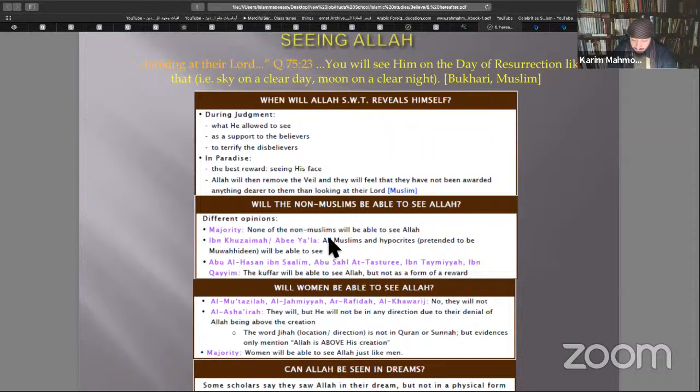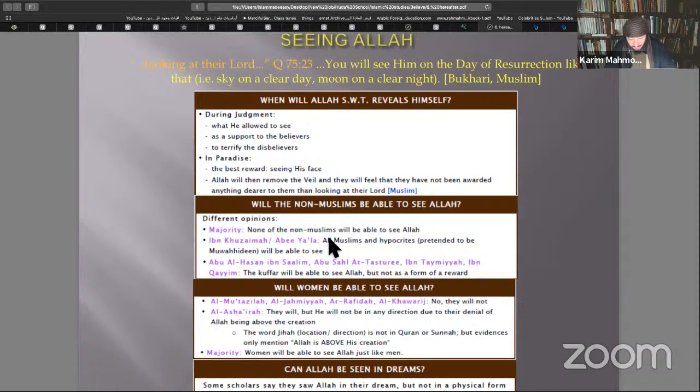It will vary based on their deeds or the level. Some people will get to see Allah twice a day, the people in the highest levels of Jannah. And the people in the lowest levels of Jannah will get to see Allah once a week on the day of Jum'ah at the hour of Jum'ah.